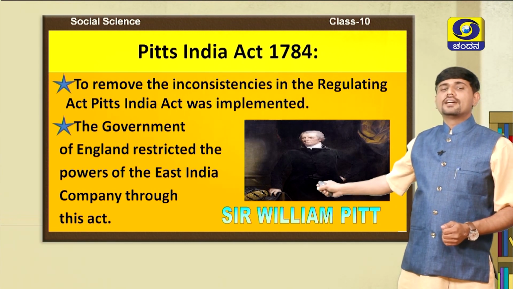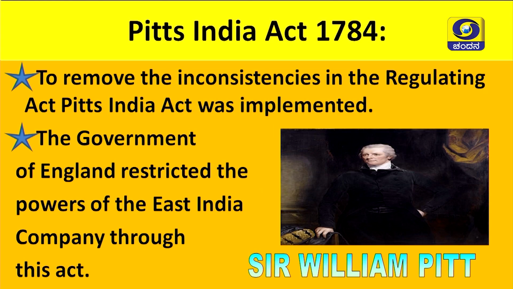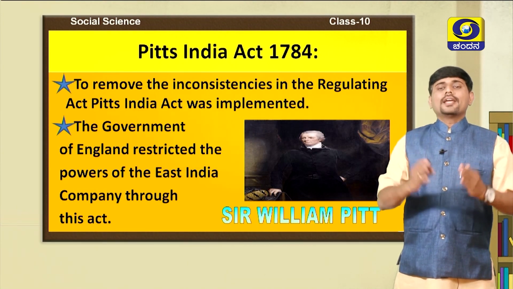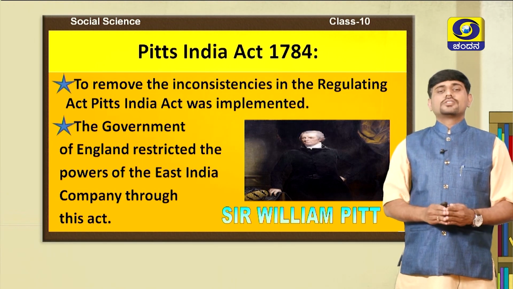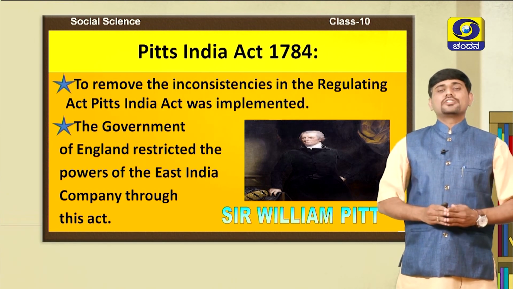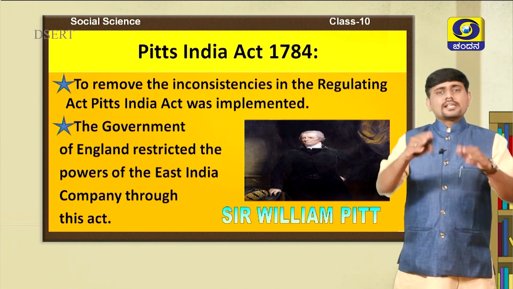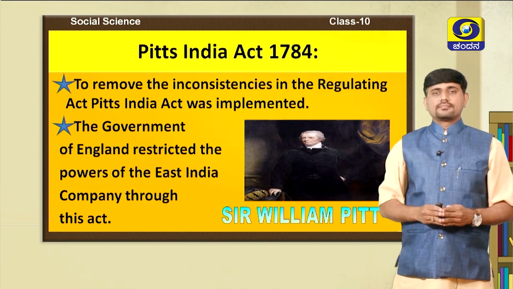You can see in the image. Under the leadership of Sir William Pitt, the act was introduced to India in the year 1784. Therefore, it was called Pitt's India Act. Why did Pitt's India Act come into existence? To remove the inconsistencies of the Regulating Act, as there were some disadvantages in the Regulating Act, children.